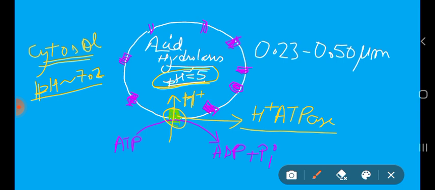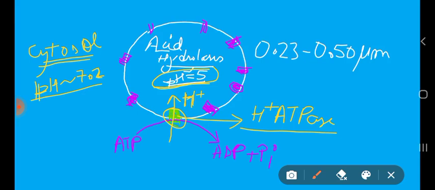It's because these transmembrane proteins are highly glycosylated. They are modified with carbohydrate moieties, which perhaps protect them from the lysosomal protease enzymes.